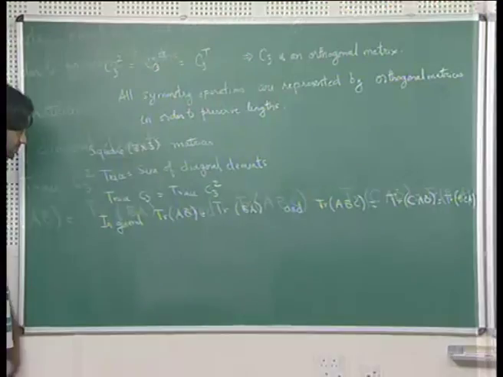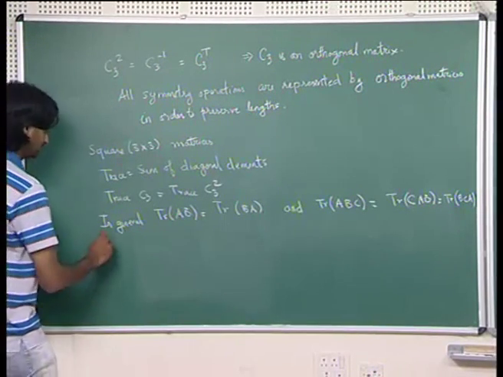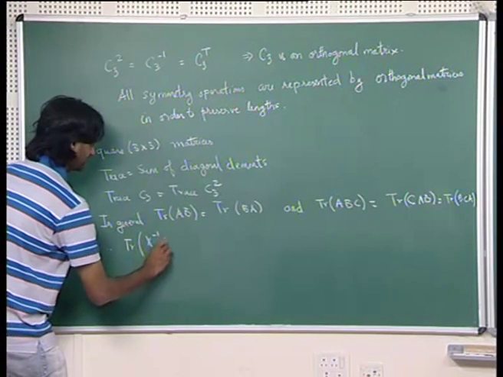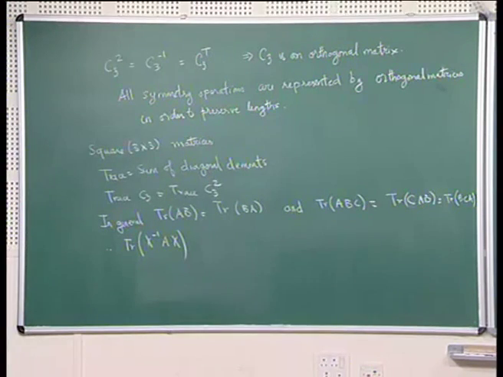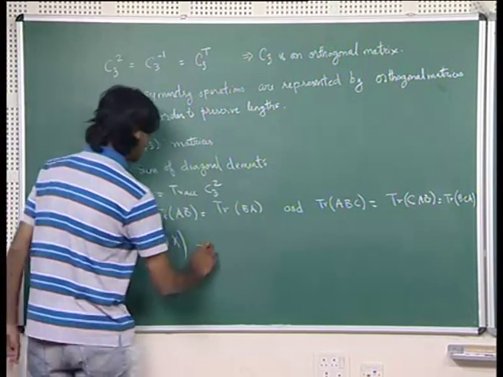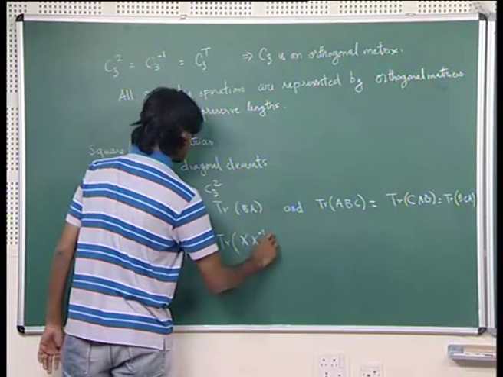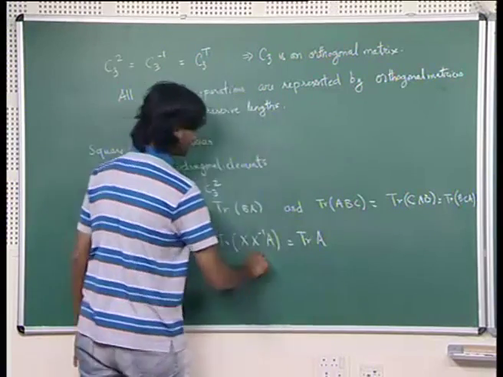Okay. Now, this tells you something very useful. See, suppose I take trace of x inverse A x. Okay. So, trace of x inverse A x is nothing but trace of x x inverse A, which is equal to trace of A. x x inverse is just identity.